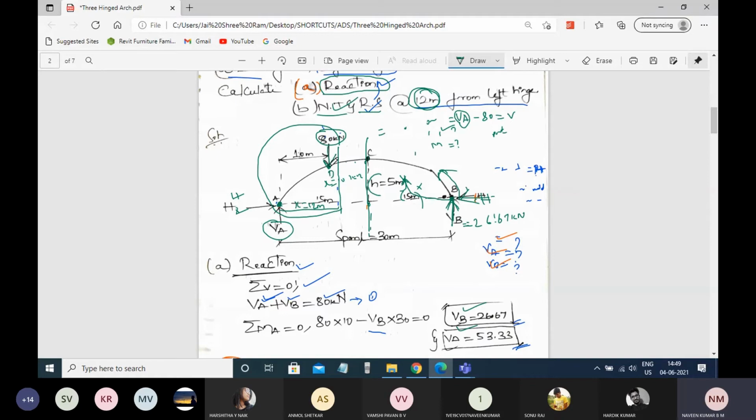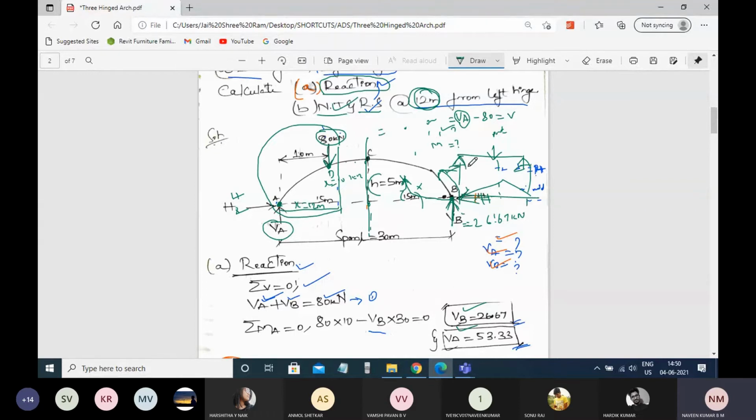Where the point load is acting, there you can expect the maximum bending moment. In case you consider this one in a horizontal way, you will get the maximum bending moment at the point where the point load is acting. Similarly, this is a kind of beam.